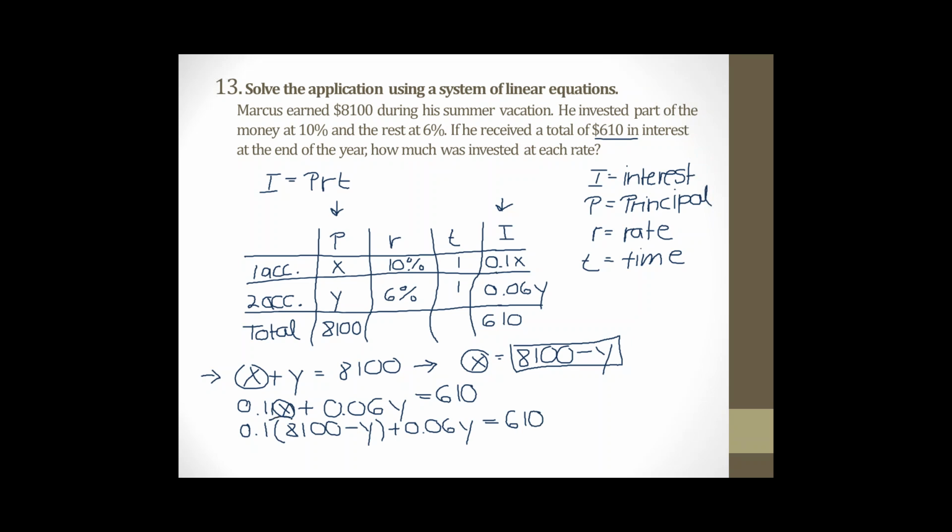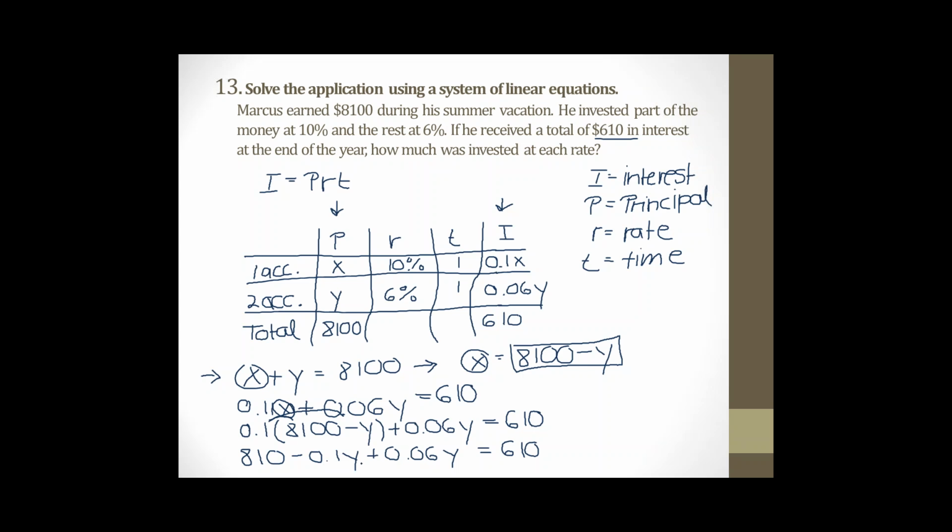Using distributive property, I'm going to distribute my 0.1. I will get 810, and then 0.1 times negative y, so I get negative 0.1y plus 0.06y, which is equal to 610.